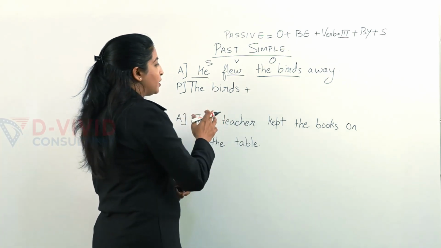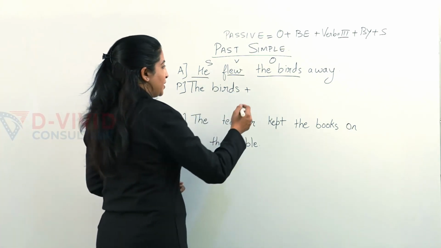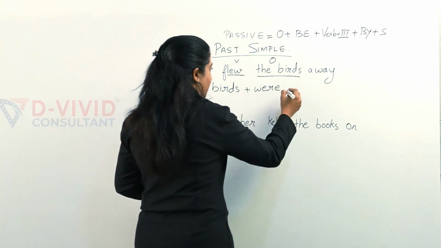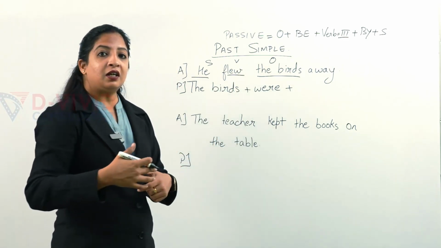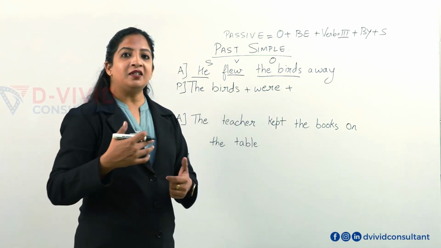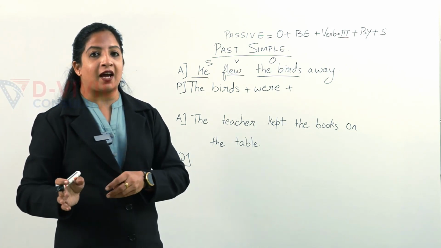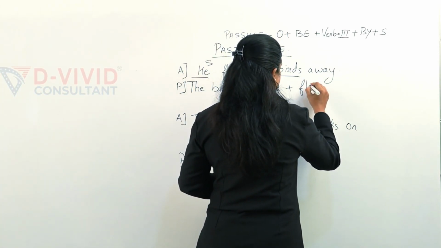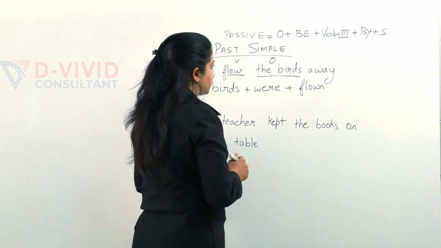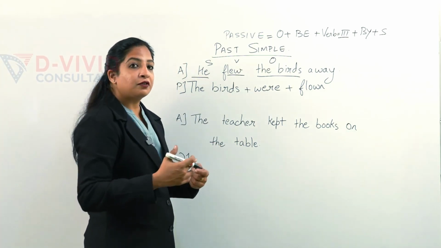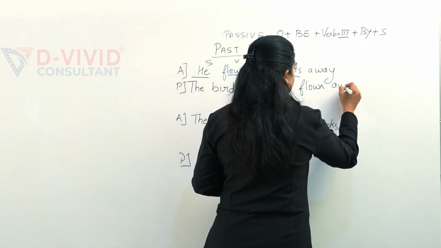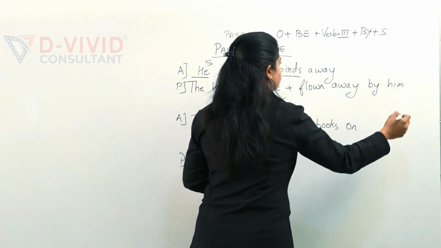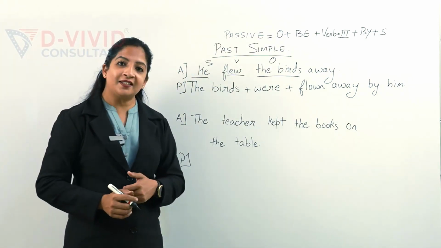As we have birds as plural, we'll take the birds were, and then the third form of fly. What is the third form of fly? We have fly, flew and flown. So: the birds were flown away by him. Did you get it correct?